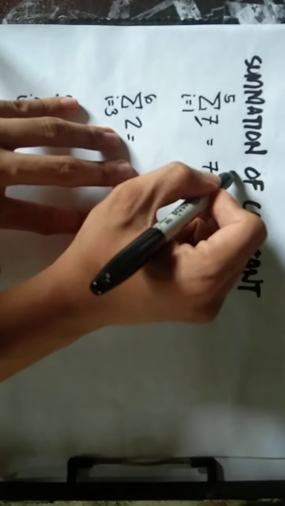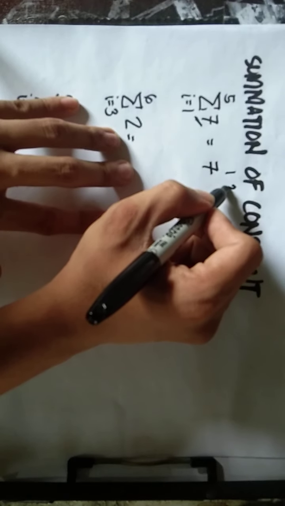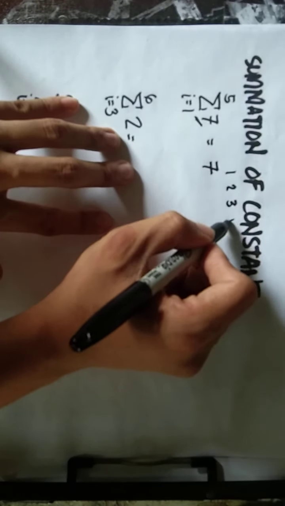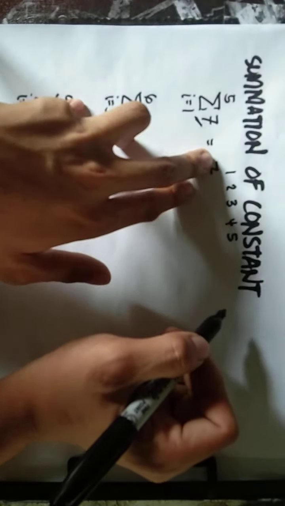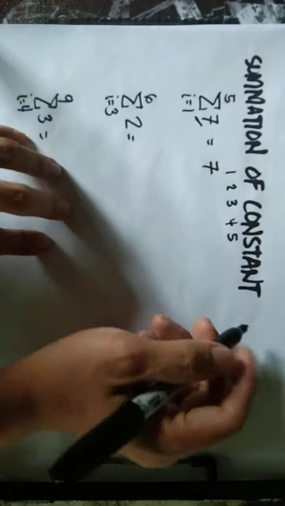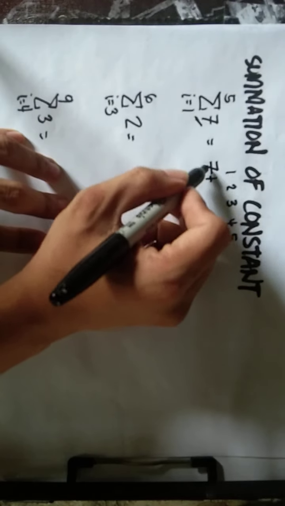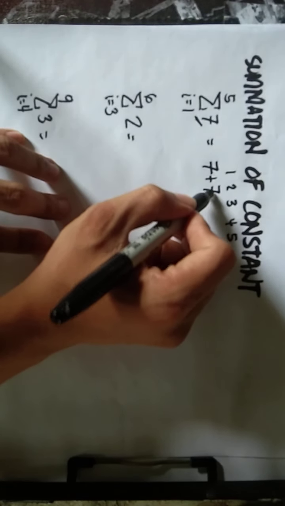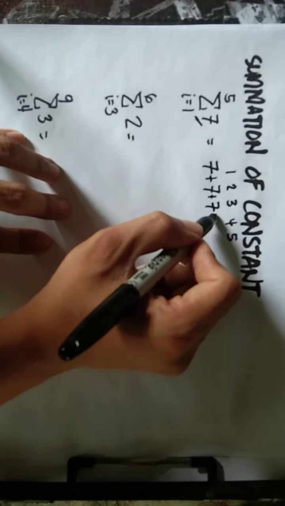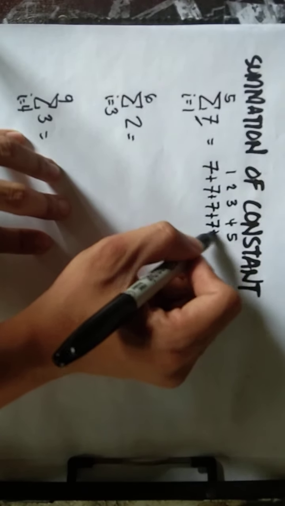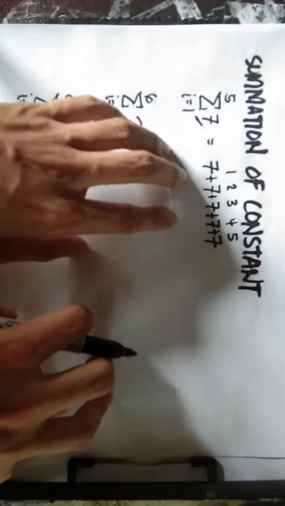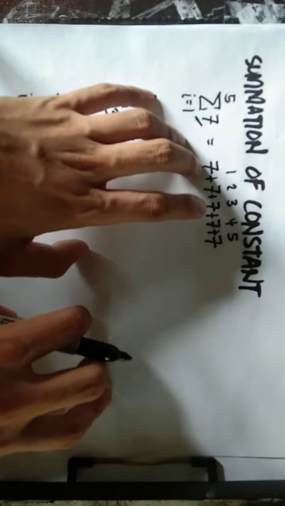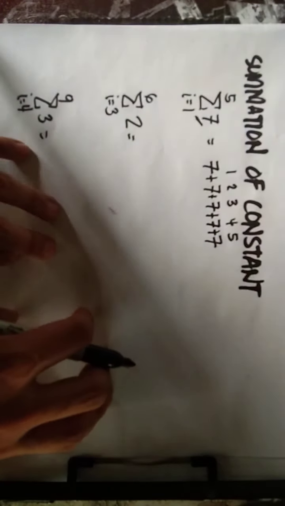So, di ba meron tayong 1 hanggang 5 daw. 2, 3, 4, 5. So, bibilang lang tayo ng 1 hanggang 5 na 7. So, we will have 7, yung pangunang 7, pangalawang 7, pangatlong 7, pang-apat na 7, at pang-limang 7. So, we will have the summation of 7 plus 7 plus 7 plus 7 plus 7.